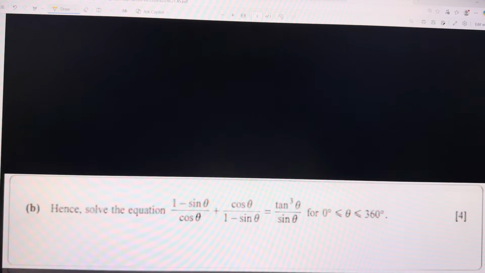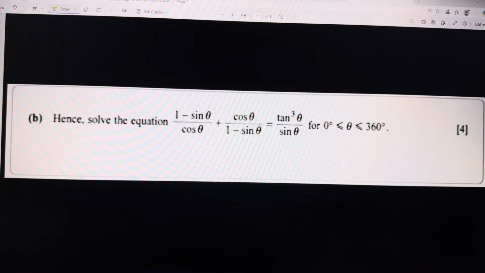Alright, part B, hence solve the equation. All of this is equal to this. Remember one thing, the next part after the identity says hence, so on this side we will use whatever is the opposite of what the question gives.